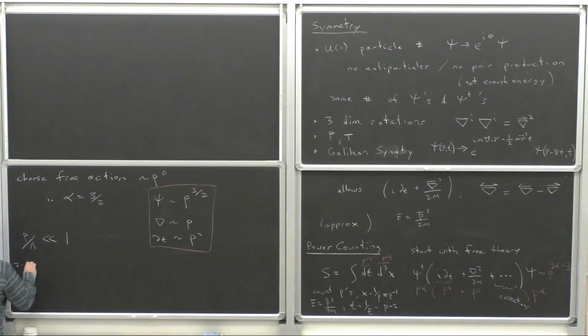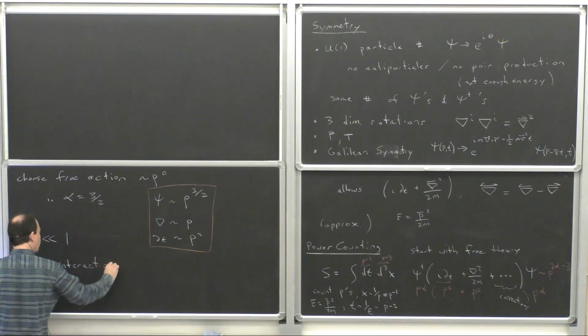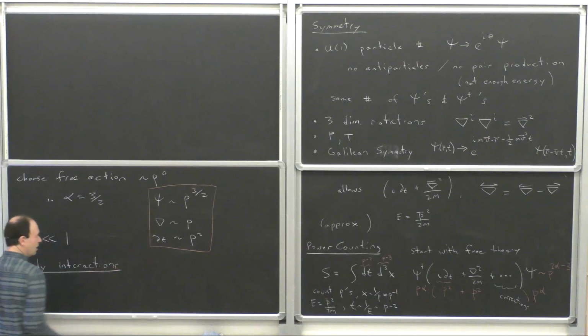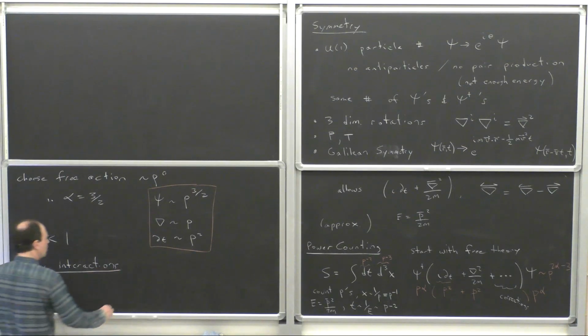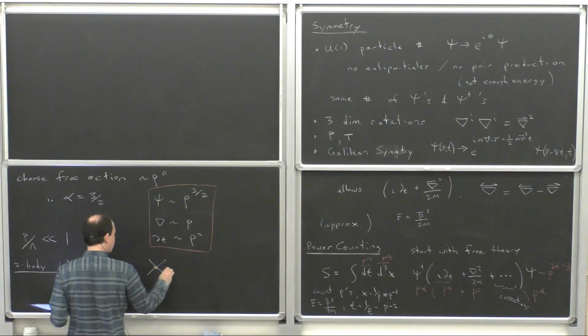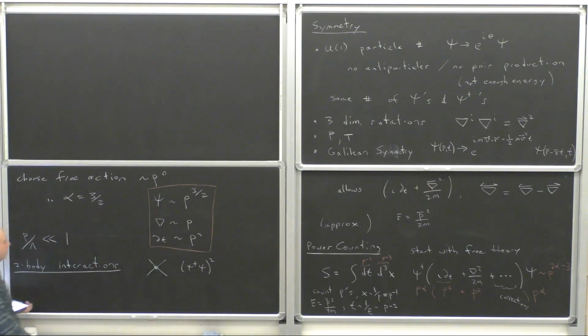And now we can start talking about interactions, now that we have a power counting. I'm interested in short range interactions, meaning interactions that I build out of local products of the field. So I'm interested in something that would interact, say, four of these atoms or nucleons at a point.